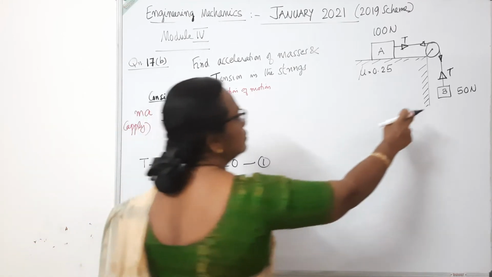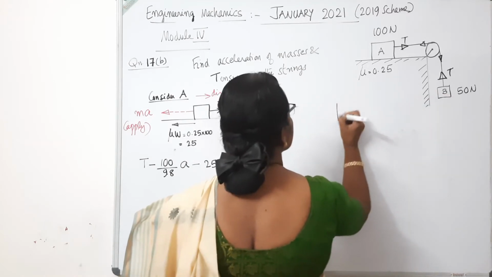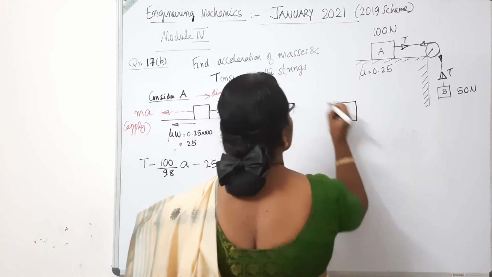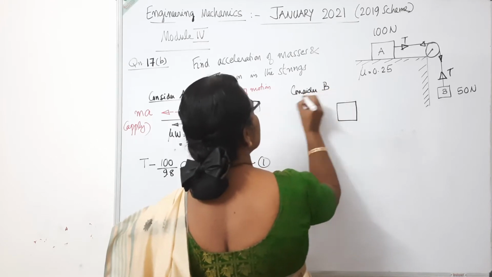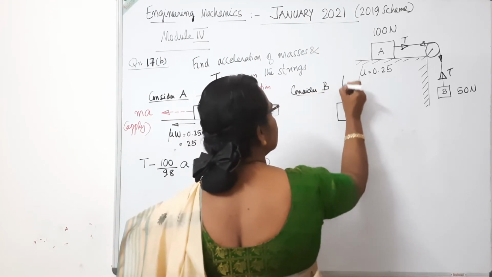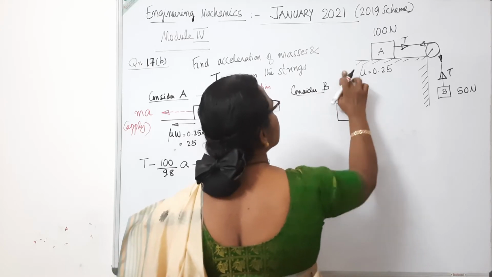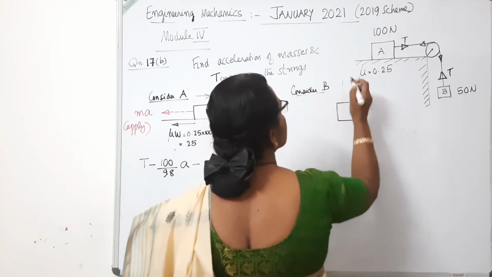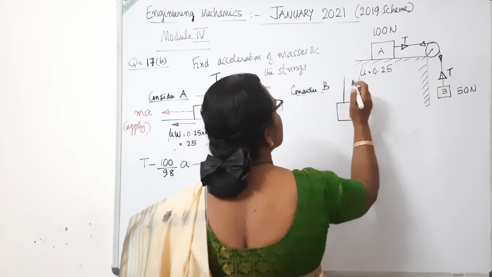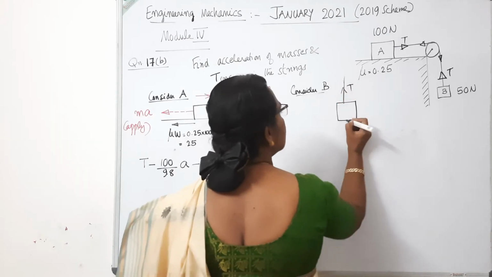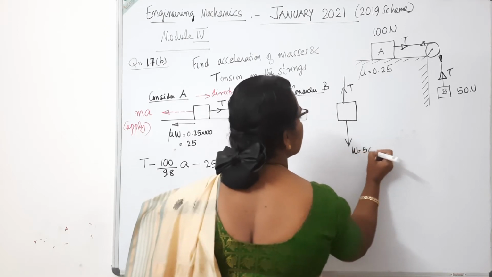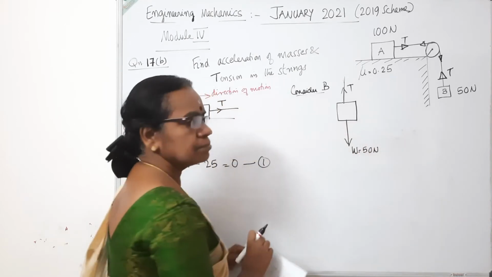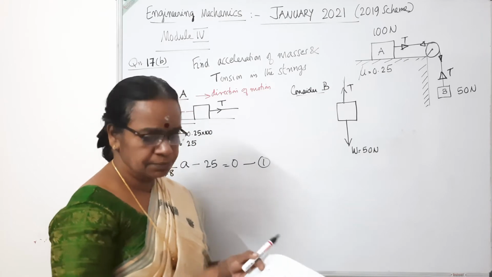Now consider this body B. Here the tension in the string is acting upward. Its self-weight, 50 Newton, is acting downward. And what about the direction of motion?